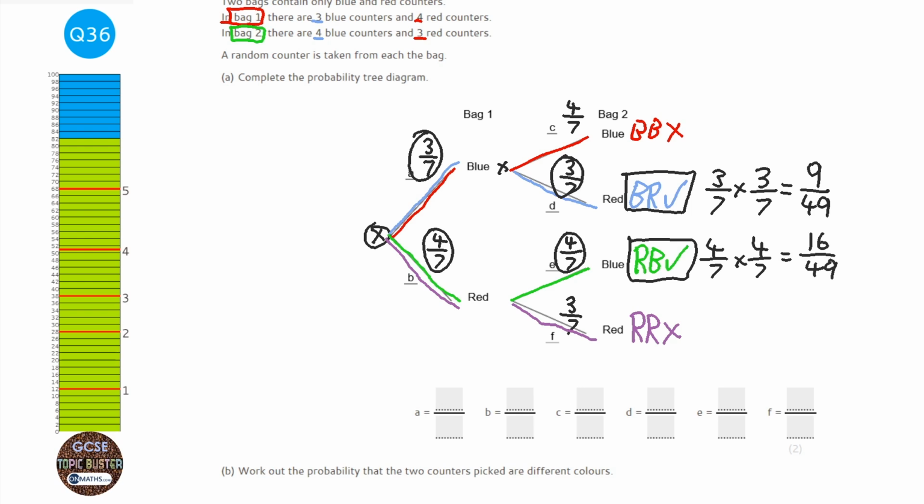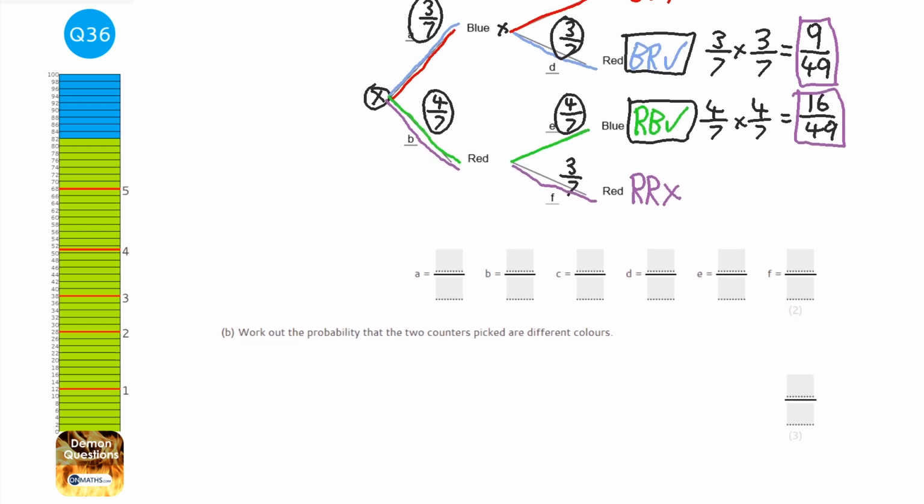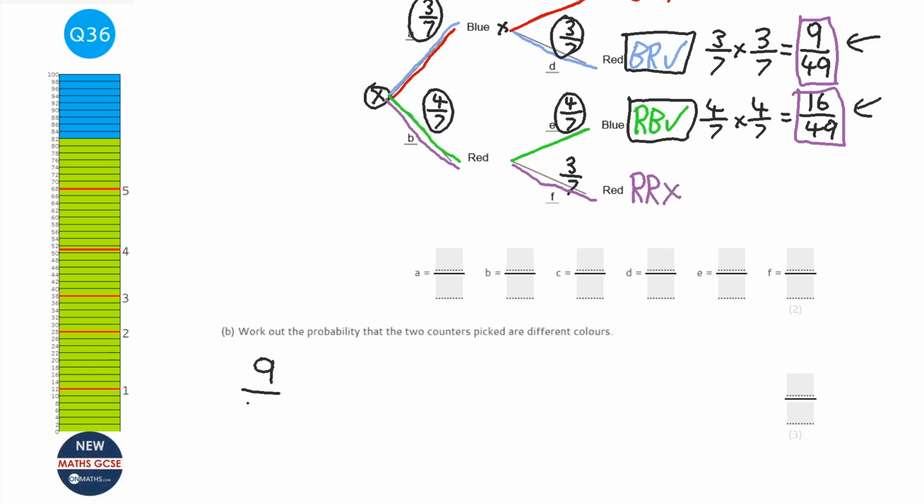Now, this is the problem, is we end up with 2 fractions. Well, we need one answer. So we need to find some way of combining those together. And in probability, we use the word or. It can either be that one or that one. And any time you use the word or, what you're going to do with the fractions is just add them together.